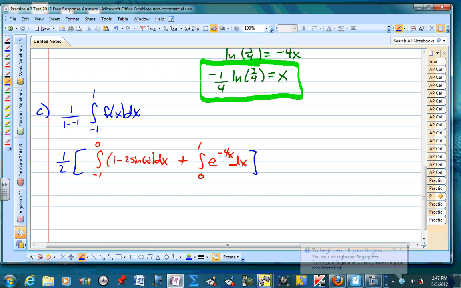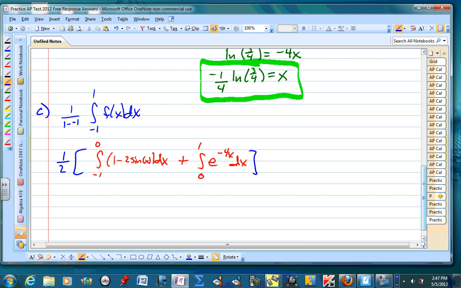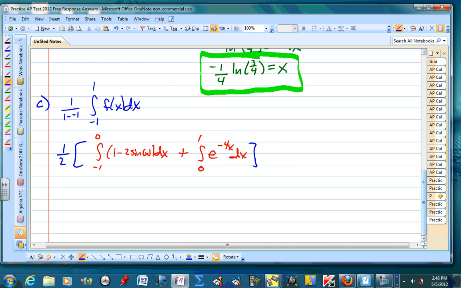And find the average value this way. Okay. So now if we integrate, let's see what happens. We're going to get 1/2 times x minus 2 times the negative opposite, so minus the negative is plus 2 times the cosine of x. And this is all going to be evaluated from x equals negative 1 to x equals 0.